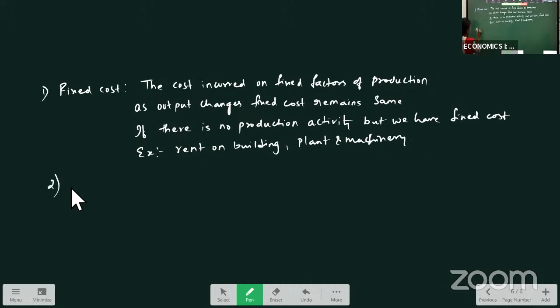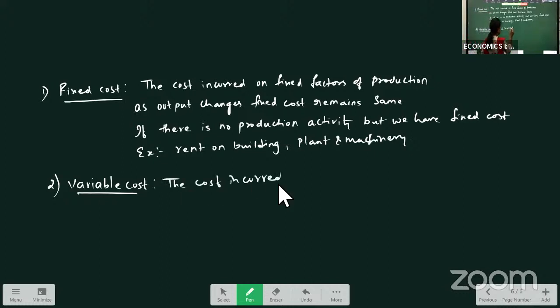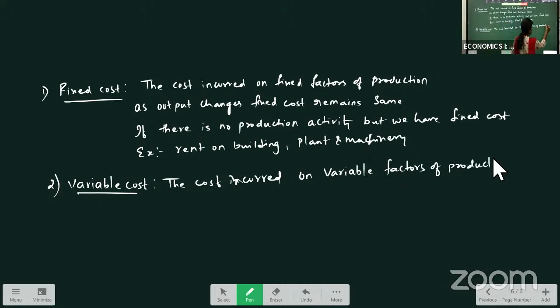Now, second cost we have, that is variable cost. Variable cost, the cost incurred on variable factors of production. What are the variable factors of production? Raw material, labor come under variable factors.